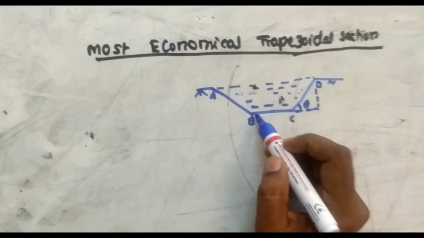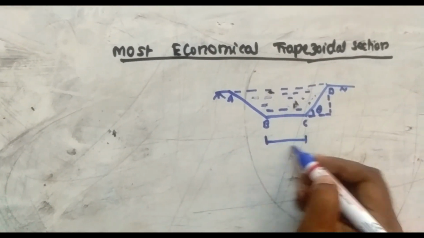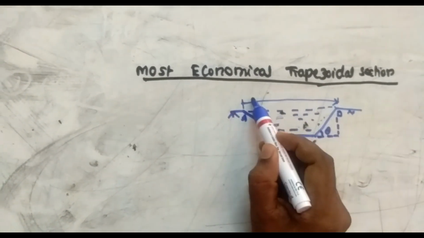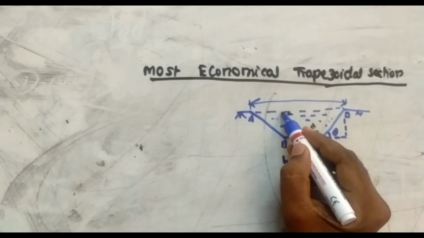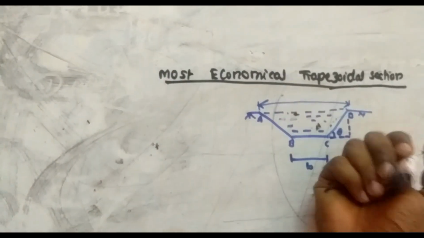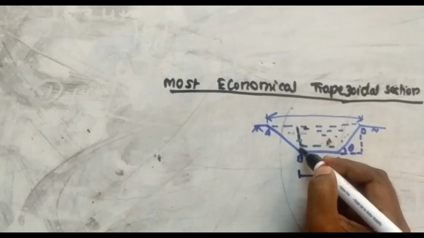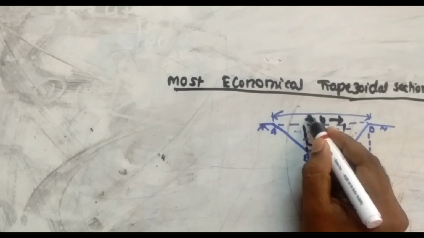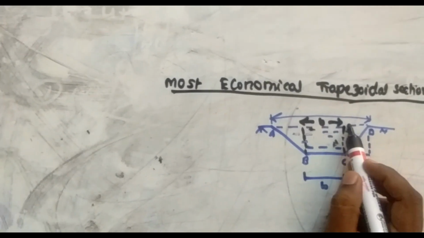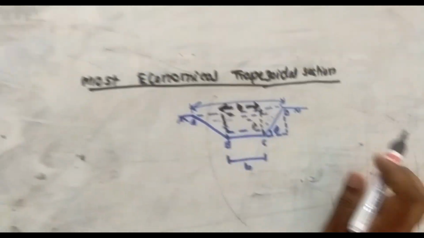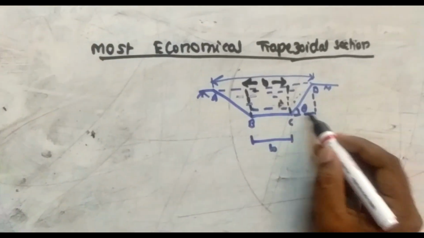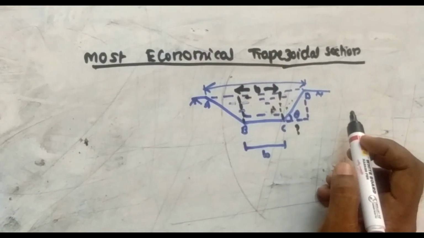We know the base width B, but we don't know this width. From here to here the width is B only. We don't know these two side portions. How can we find out that value?